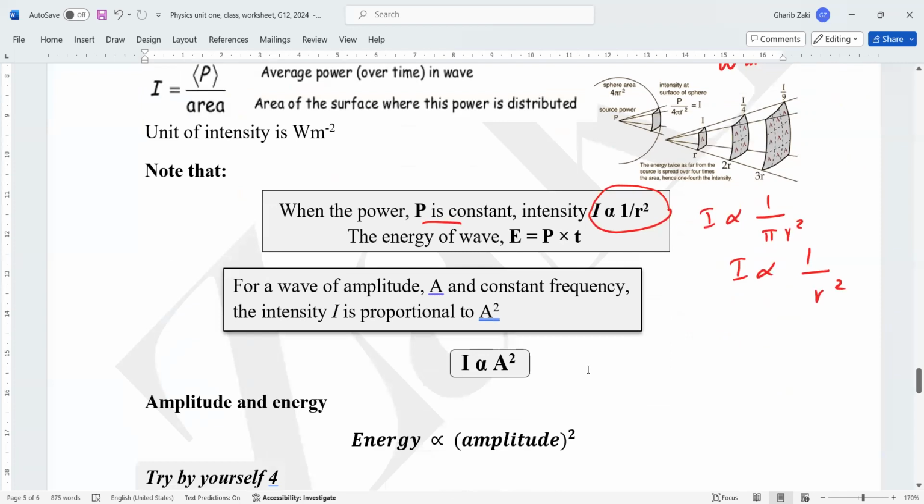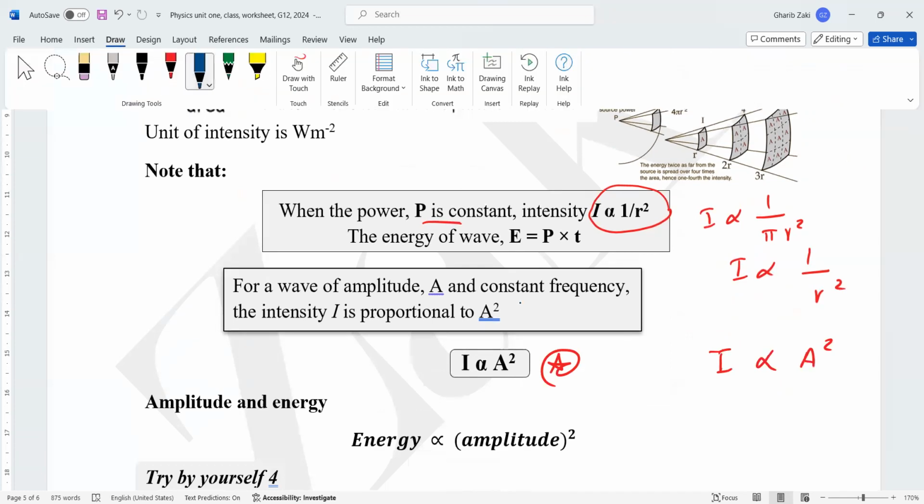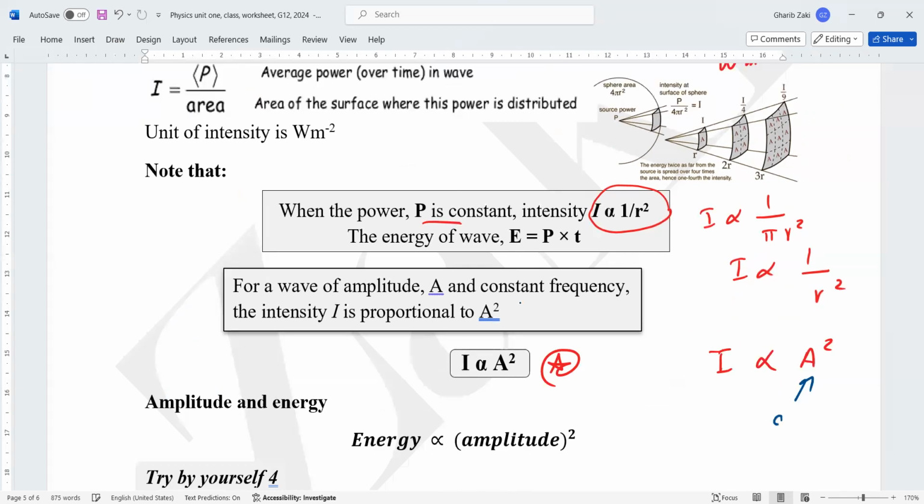Now, for a wave of amplitude A, this is a very important relation between the intensity and the amplitude. The intensity is proportional to the amplitude squared. A is not area, A is the amplitude. Take care.